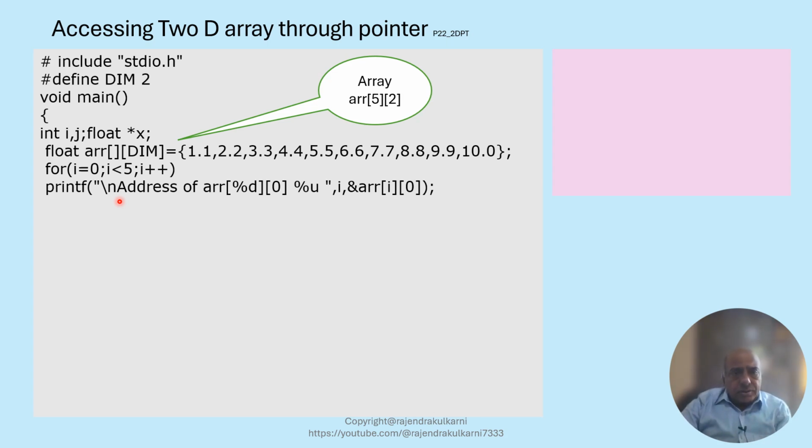Then we have given a loop in which we are displaying the addresses of 1D arrays which are the elements of this array ARR through this printf statement and this ampersand arr[i][0].